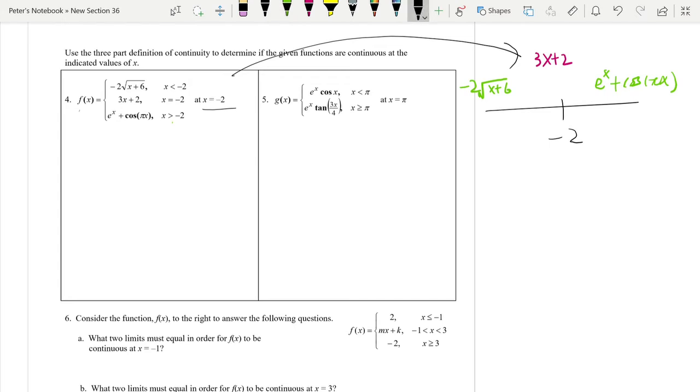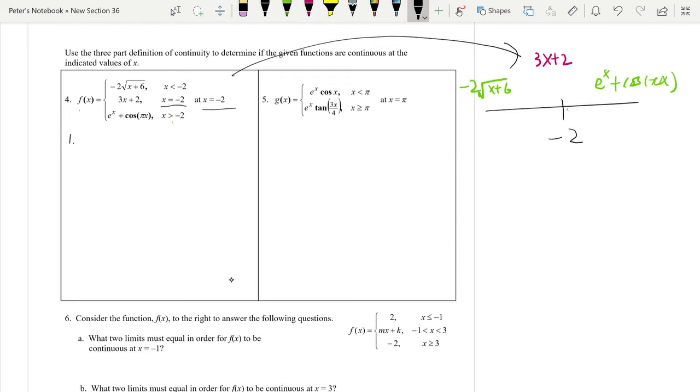So first of all, we need to use the three-part definition to see if it's continuous at negative 2. Is there a hole, or can we trace the graph through it without any interference, or is there a vertical asymptote? We're going to check that out. First of all, we know it's not a vertical asymptote because this function is defined when x equals negative 2.